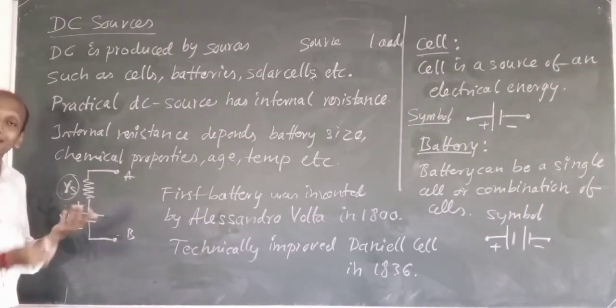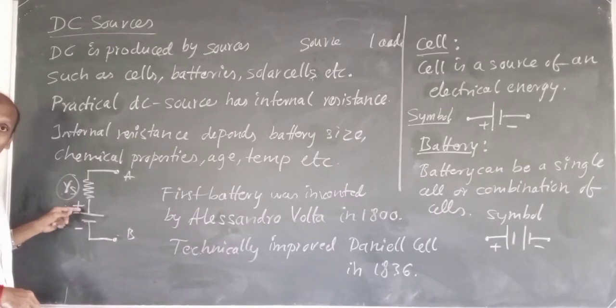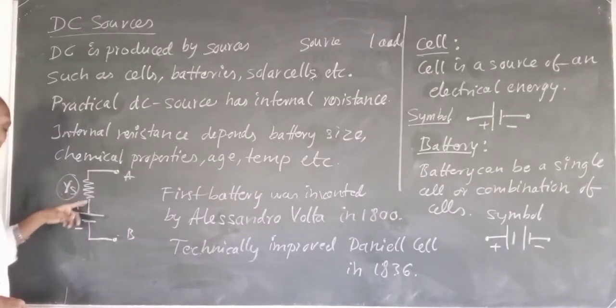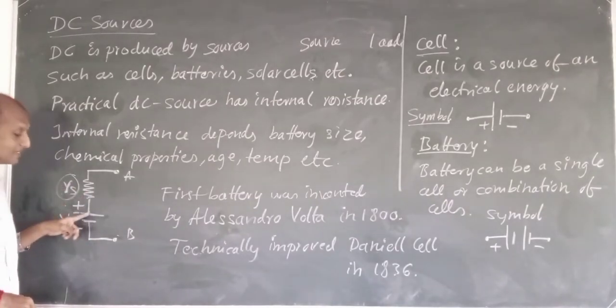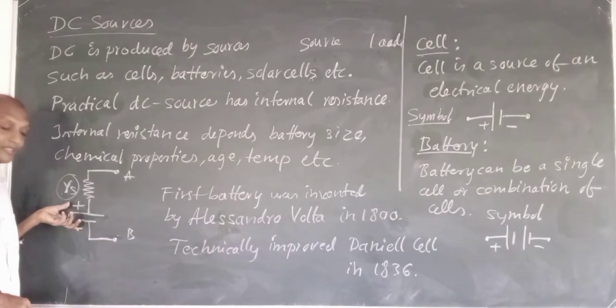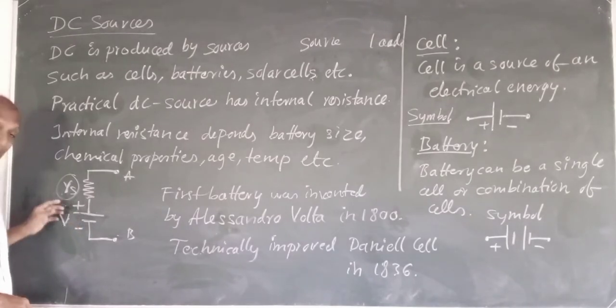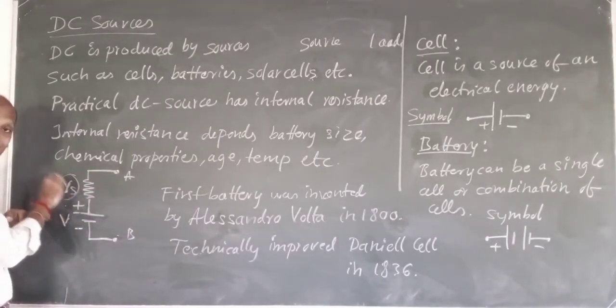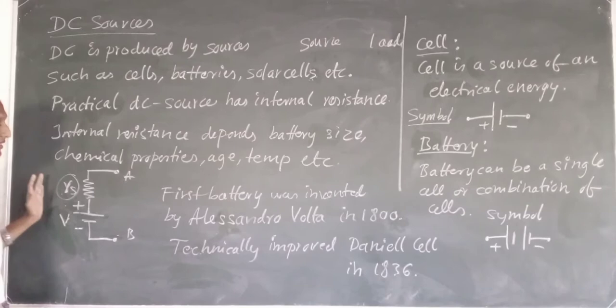Coming to a DC voltage source, it will definitely have certain internal resistance that I am showing in this manner, in series with the voltage source, and I am denoting it as RS, the series internal resistance.